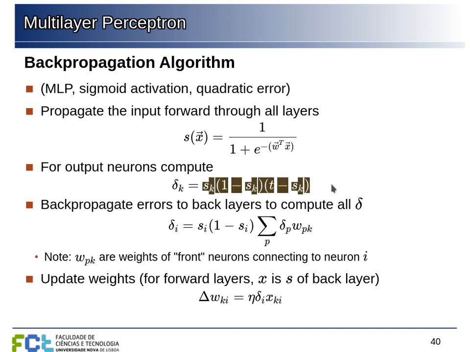Note that this expression is for sigmoid activation and quadratic error, so this is actually the expression after computing the derivatives. If you have different activation functions and different loss functions, then the derivatives will have different expressions, but the idea is still the same.